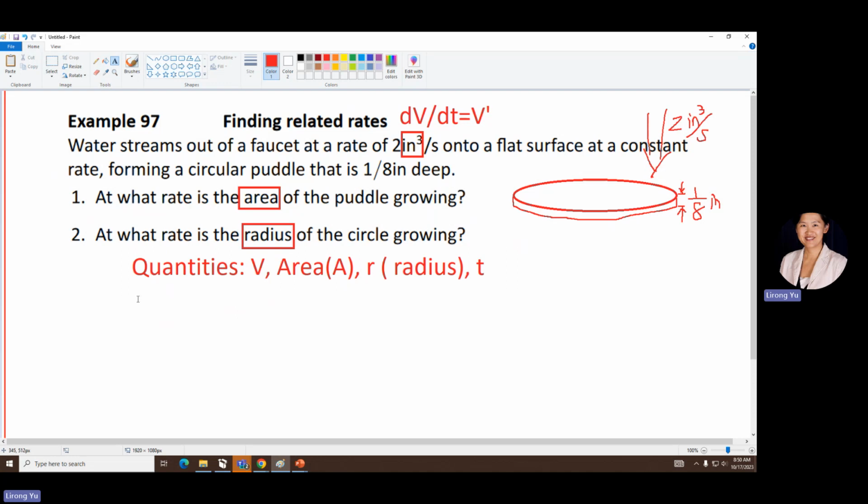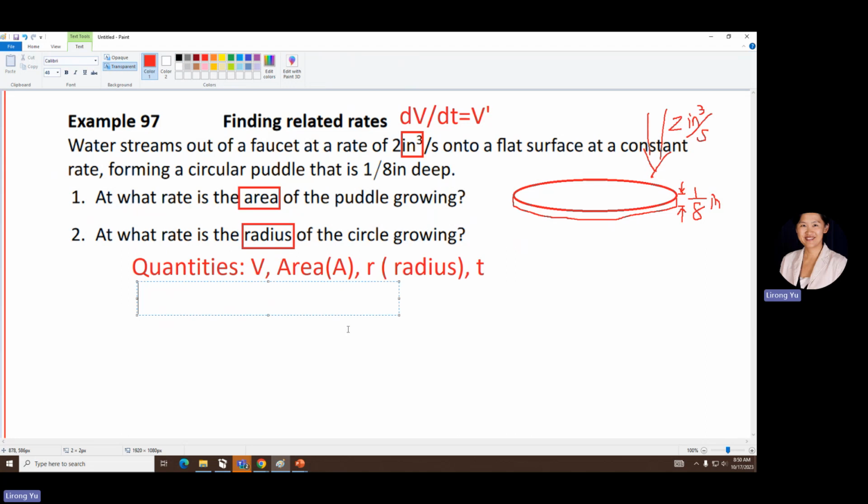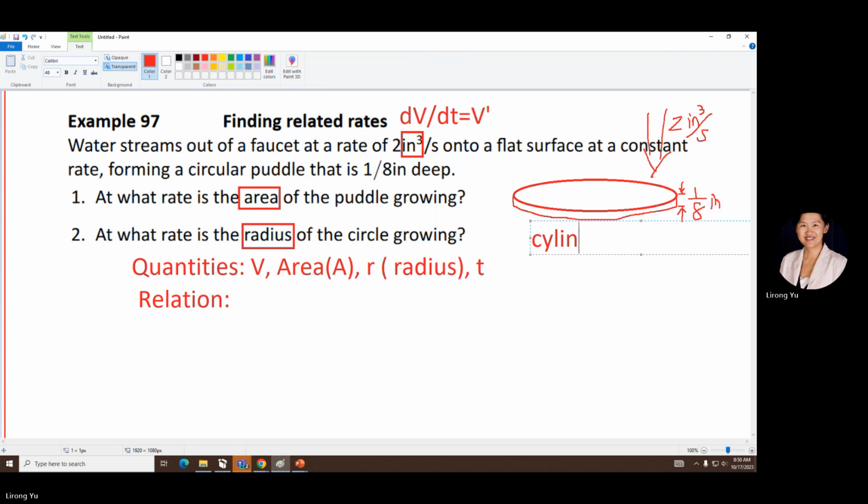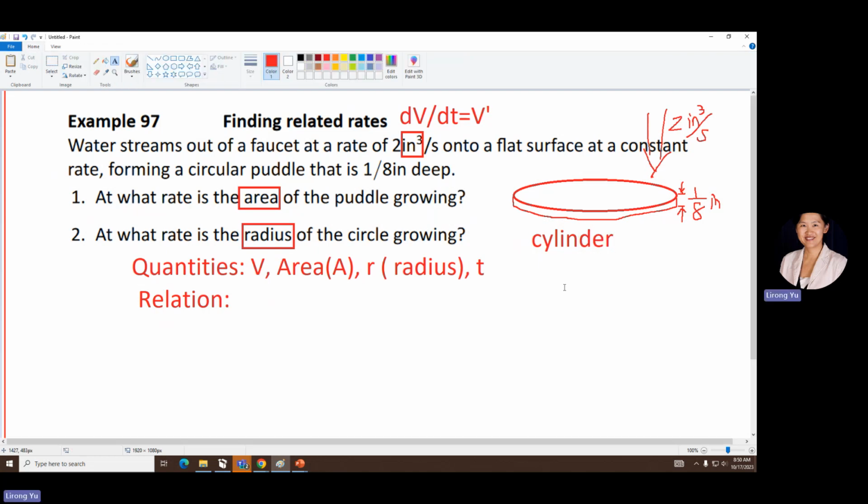It looks like we have given information about volume, so we have to think about geometry. What is the relation between them? This looks like a cylinder, so I would say it's a cylinder. So what is the relation for the volume of a cylinder?